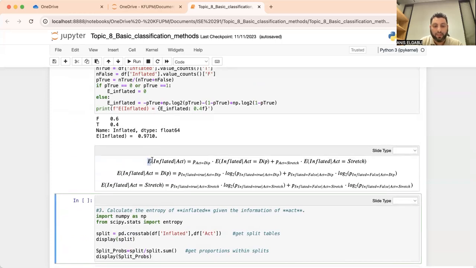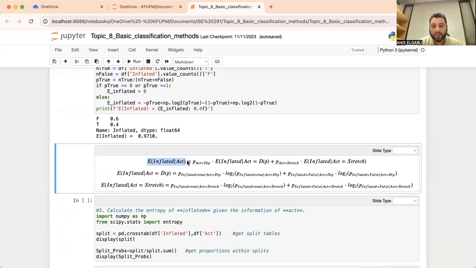So the entropy of inflated given act, this is conditional entropy, is equal to the probability of act equal to dip, times the conditional entropy of inflated given act equal to dip, because act is either dip or stretch. So I have these two options.